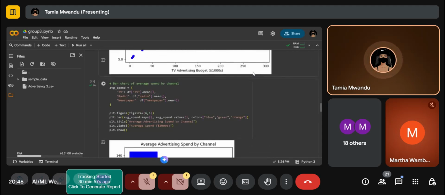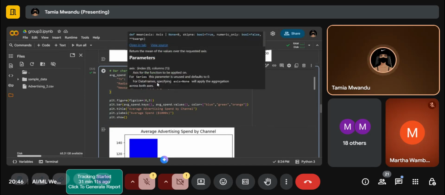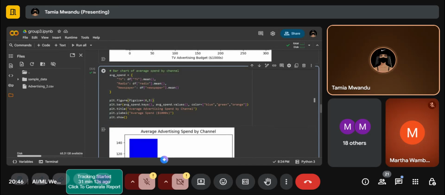We also did a comparison for the sales, where we created the average spend of the channels, for example TV, radio, and newspaper, for which we looked at the mean of each.